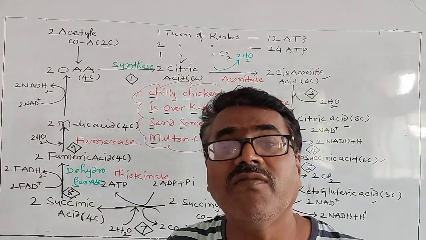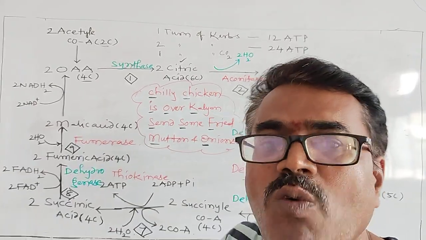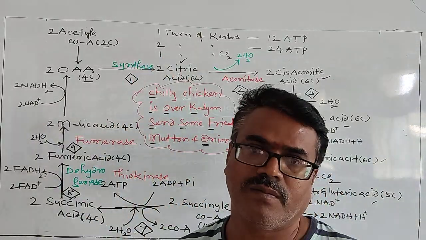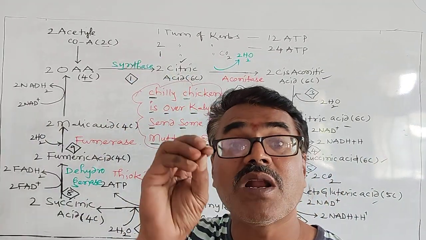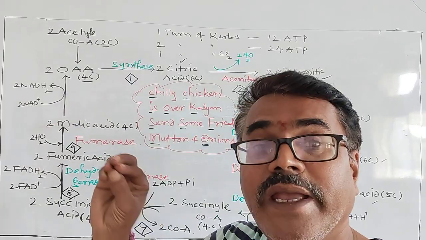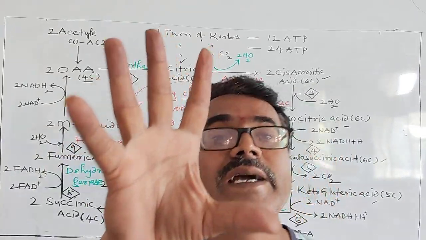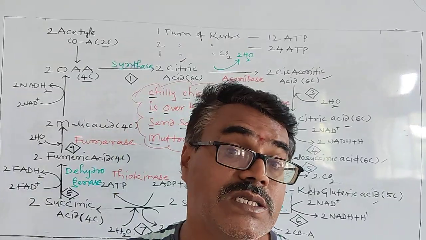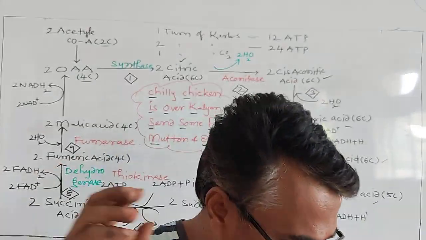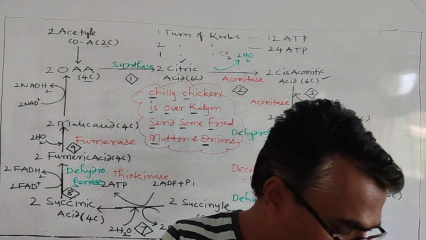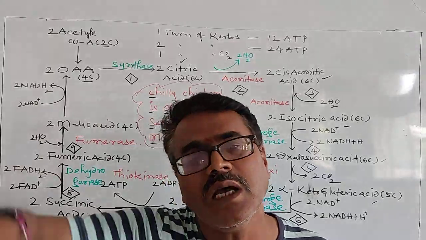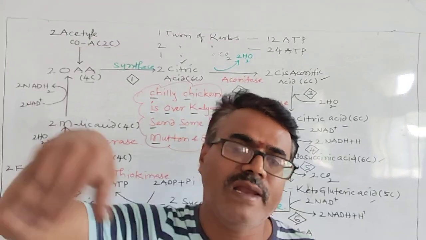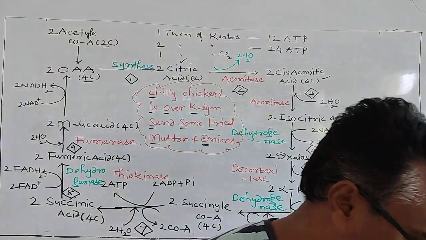How many moles of water are required in the Krebs cycle? 8 moles of water are required. Then 10 moles of water are liberated.